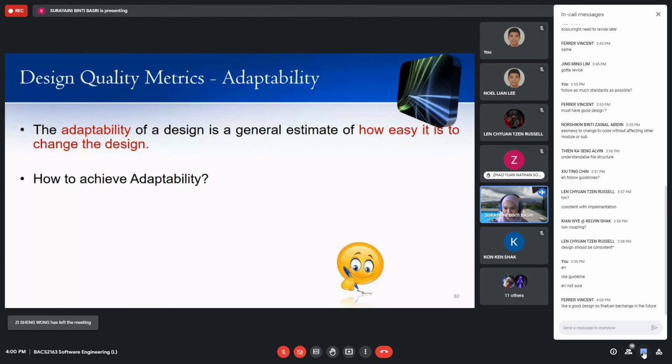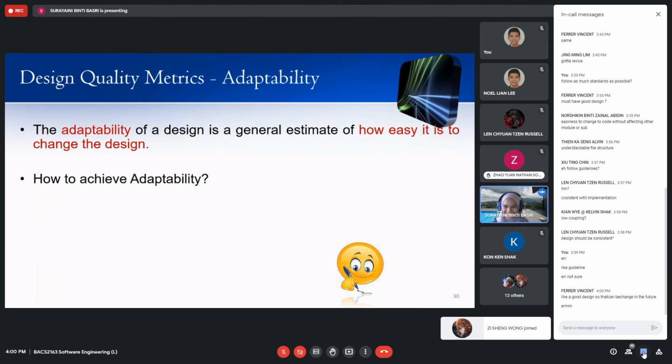Like a good design so that it can be changed in the future. Yes, of course. We need to follow a good design. That is correct, actually. We need to follow a good design to make sure that our system has good adaptability. But what is the good design?